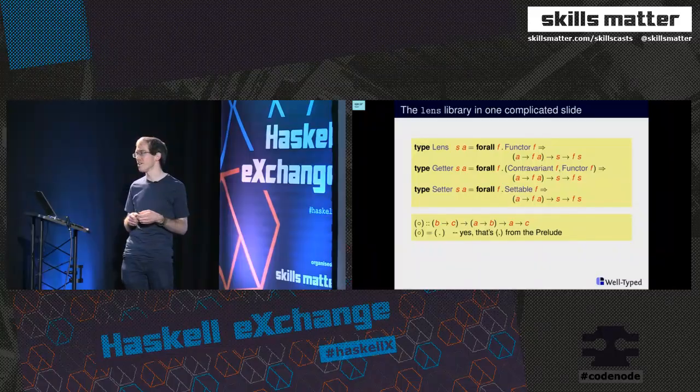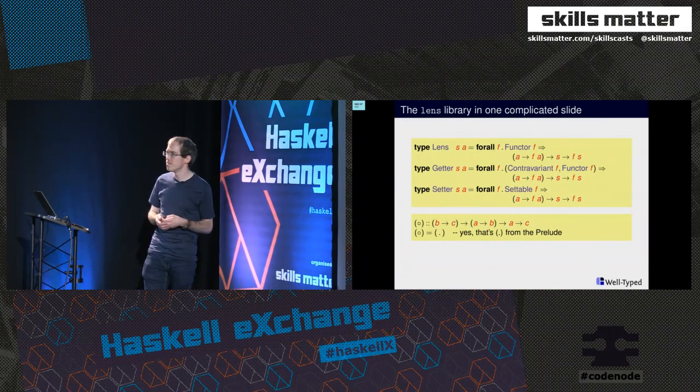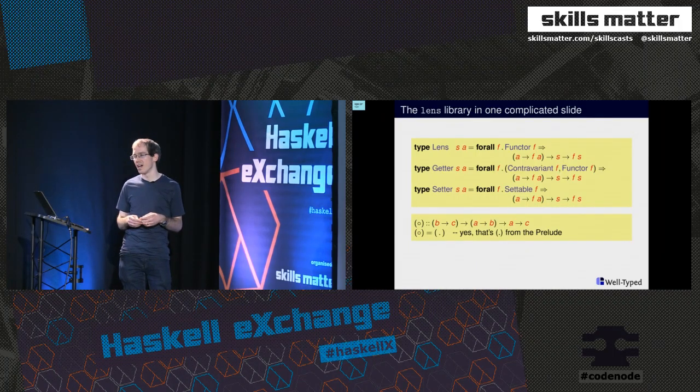And the reason for it doing so is that if you compose together two optics, then the universal quantification and the class constraints simply fit together very nicely with the existing machinery for higher rank types in GHC. We also get the subtyping behavior that I was talking about, because the subsumption rule for higher rank types simply does the right thing.